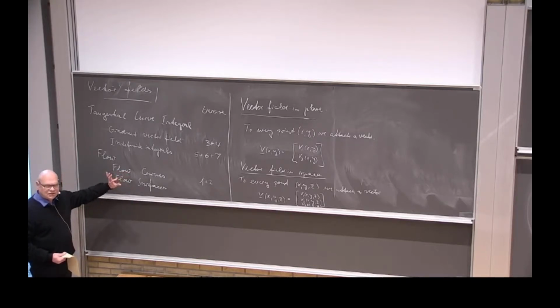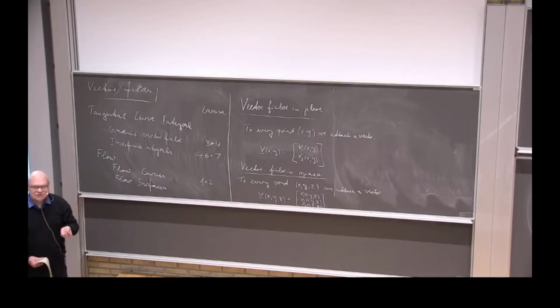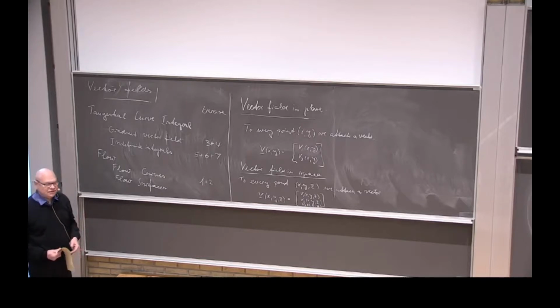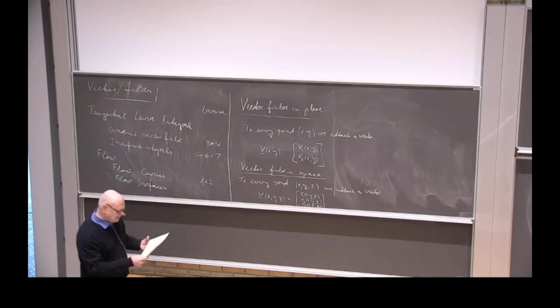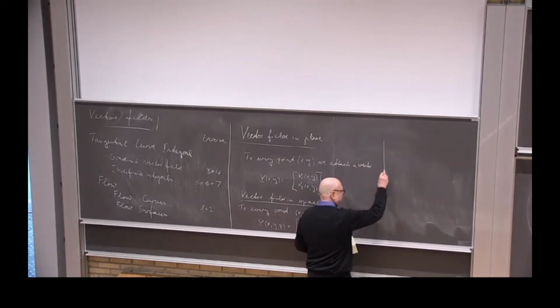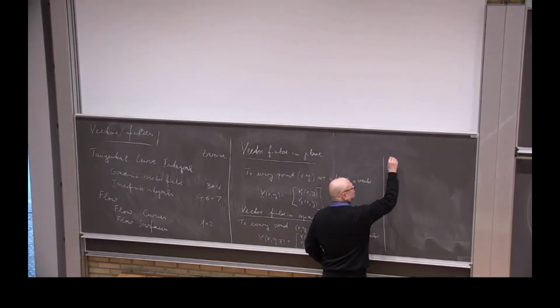You're given the vector field and you have a velocity in each point, and then if you put a particle in this velocity field, you want to know where it moves about in this vector field. So it's two different tasks that we are going to look at, but let's start with an example.